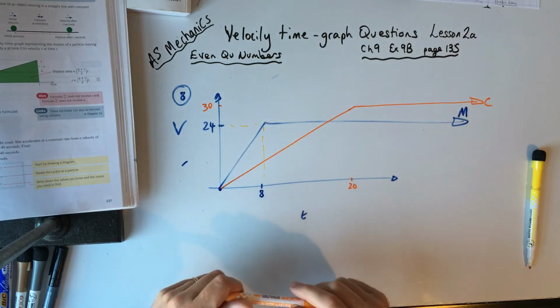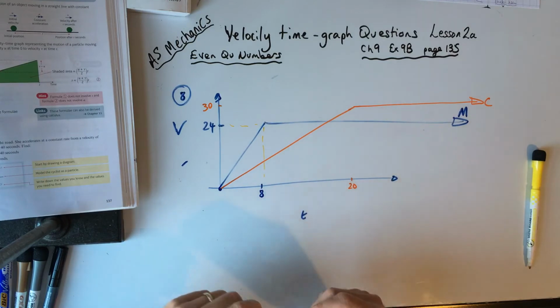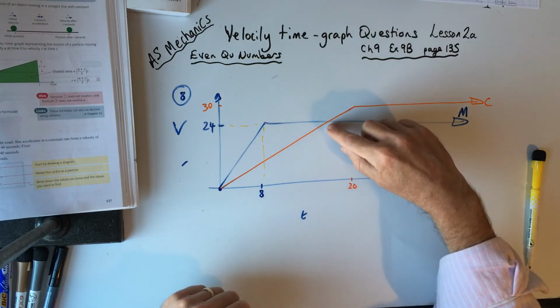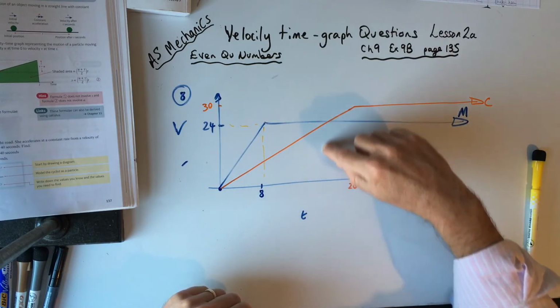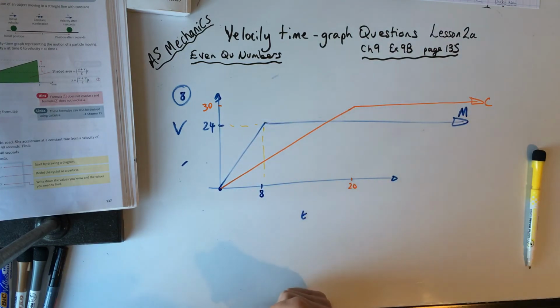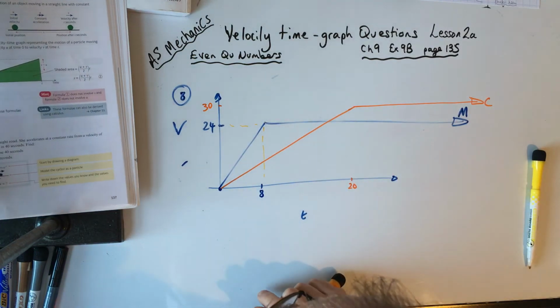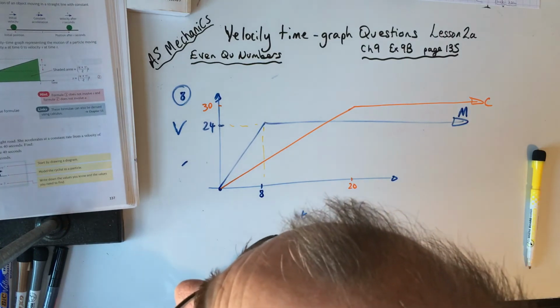The fact that the graphs cross over is not an indication that they meet at that point, unless of course the areas were the same, but the area of this triangle here would not be the same as this trapezium underneath it. So it's not a point where they're crossing in the road, so just be careful.